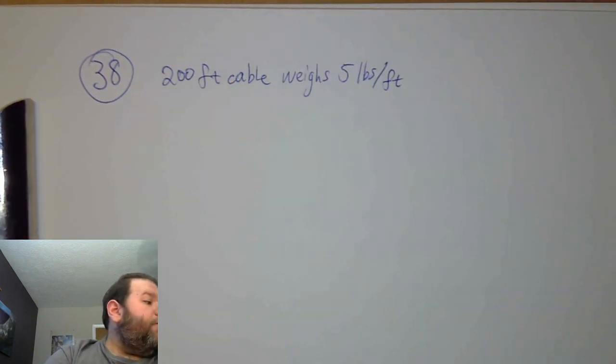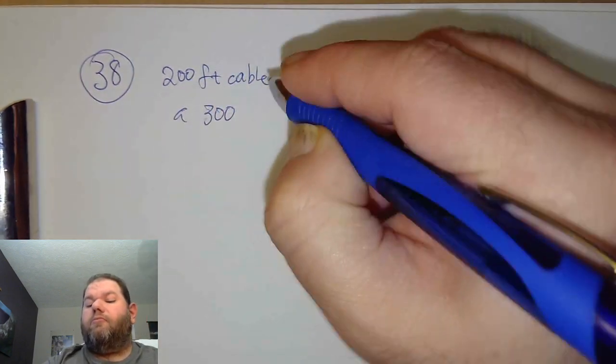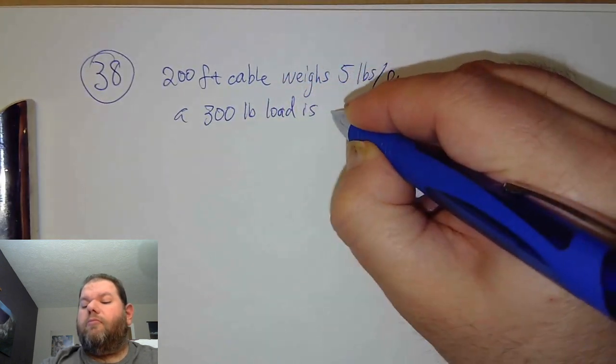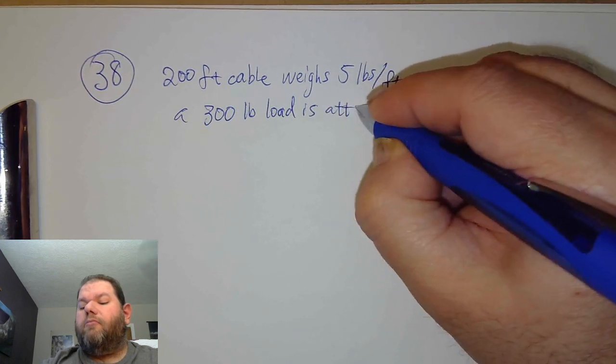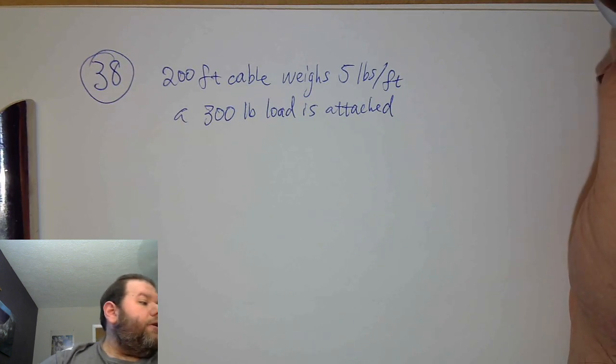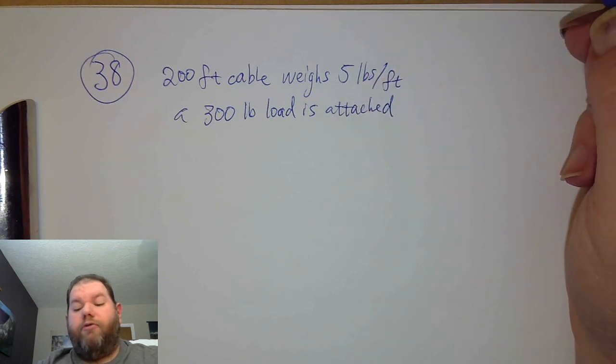And it's hanging from a winch that is 200 feet above the ground that is attached to a 300-pound load at the bottom. And so we want to find the work done in winding up the cable all the way and raising the load to the height of 200 feet.